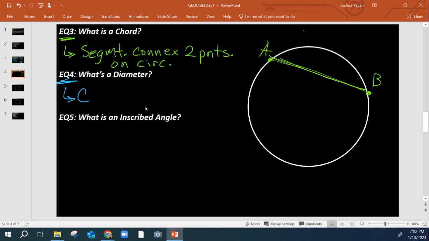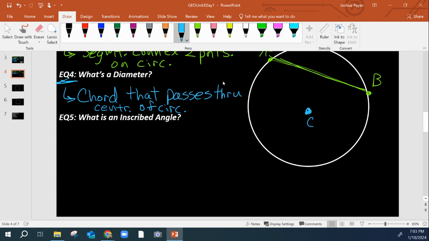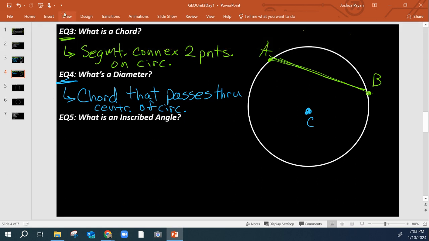Okay, so what is a diameter? A diameter is a chord that passes through the center of a circle. Okay, so if I say this right here, this point C is the center of the circle, and I go ahead and, let me get a ruler because I need to quit just winging it, and I go ahead and draw a chord going from here to here.